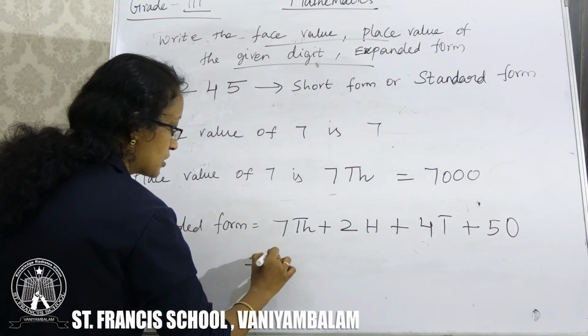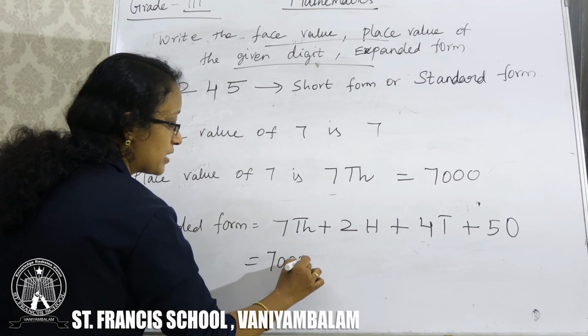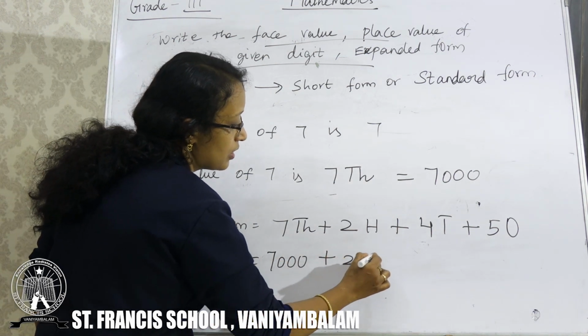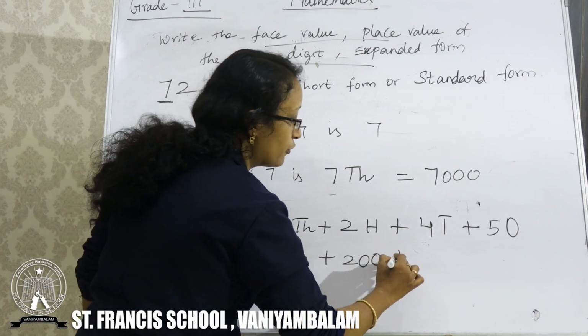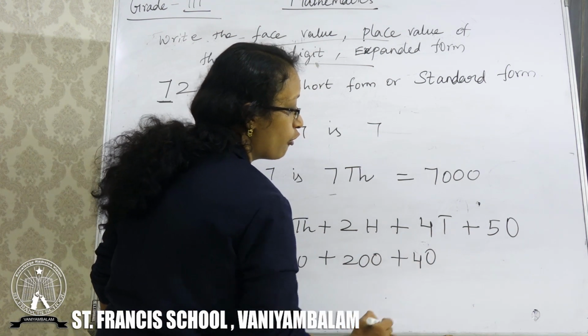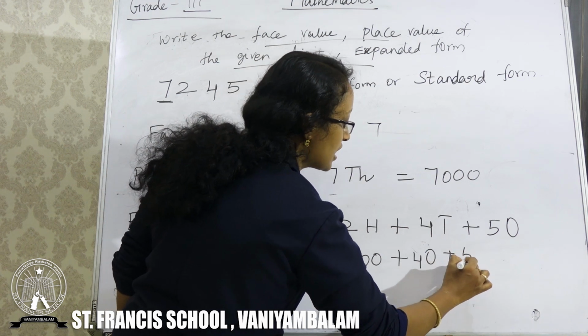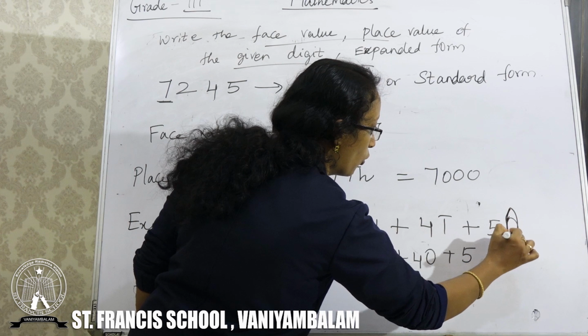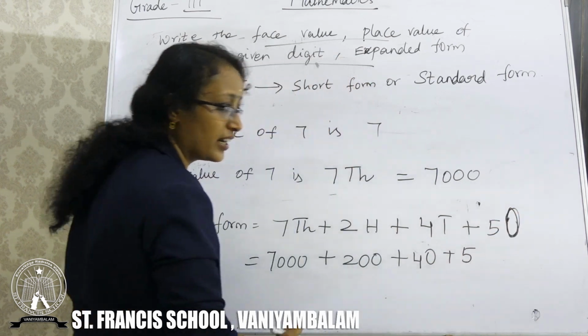Got it? So 7 is in thousands place, so 7,000. 2 is in hundreds place, so 200. 4 is in tens place, 40, and 5 is in ones place, 5. This is not 0, this is O. Ones place. Got it?